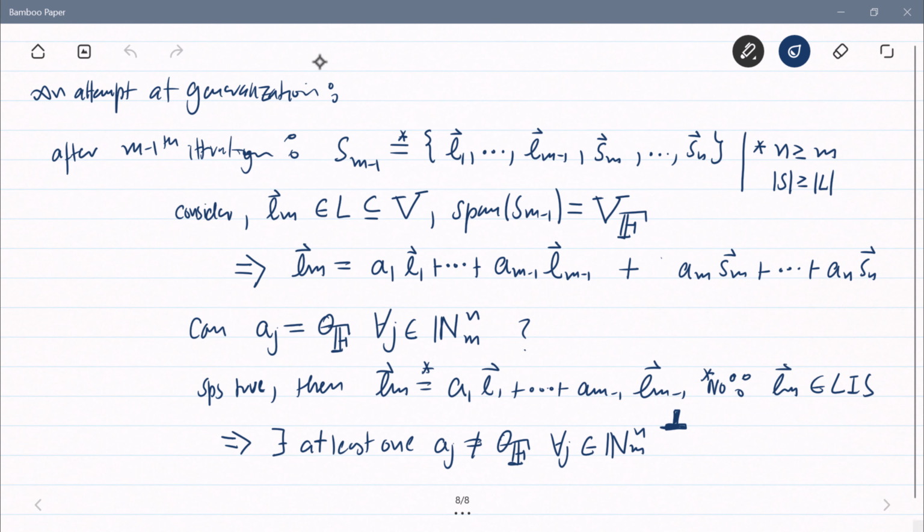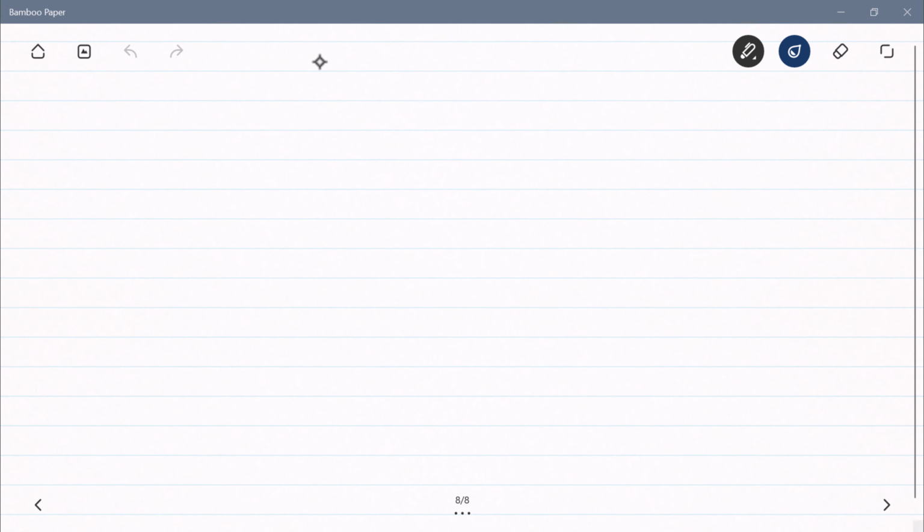Again, we will use the same trick, that is, without loss of generality. Right now we have to keep it to the m's, so let A sub j equal A sub m, obviously. A sub m is not equal to 0.